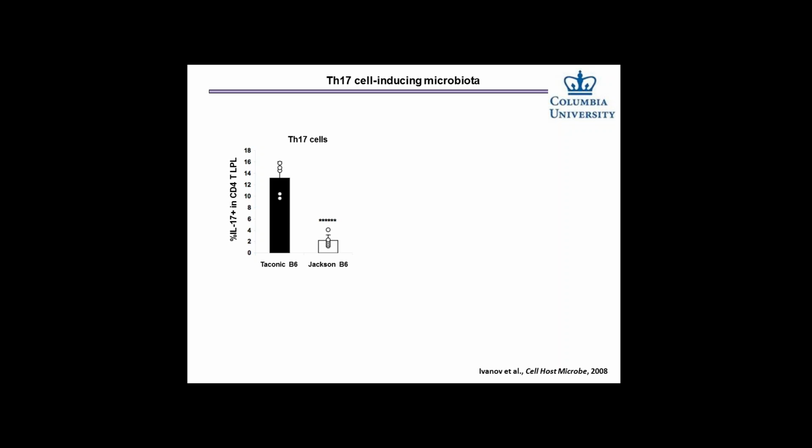evaluated C57 black 6 mice from different facilities. We first used a number of academic facilities in the New York area and at the NIH, and all of them had Th17 cells.